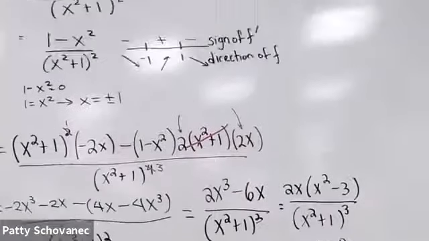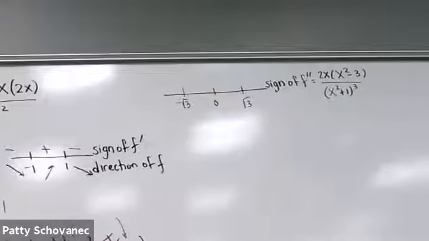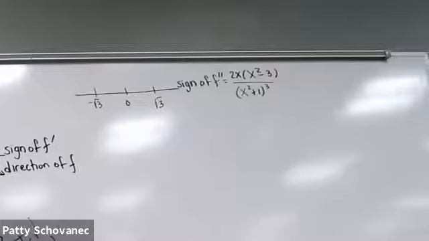There we go. Okay, so we're going to plug numbers in there. x squared plus 1 is always positive, so we're going to ignore the denominator. That's always positive. Let's plug numbers into the top.